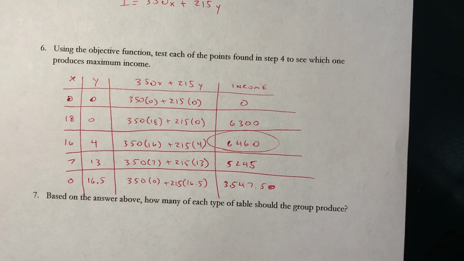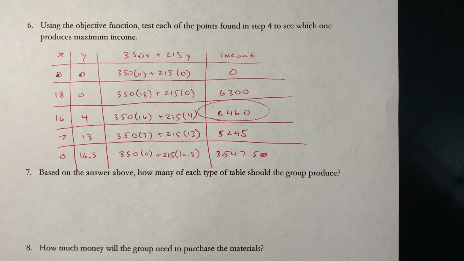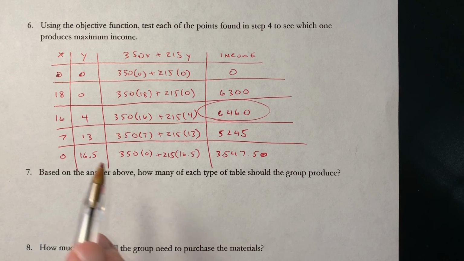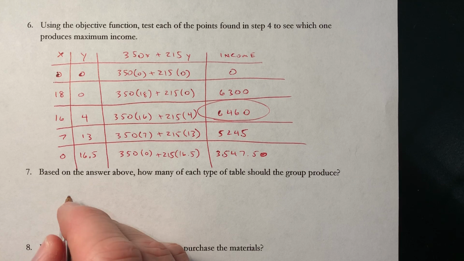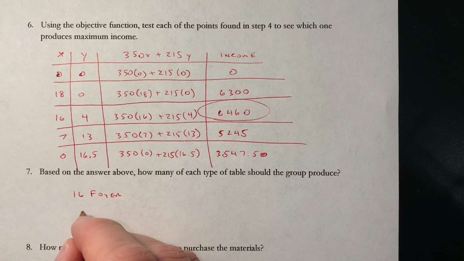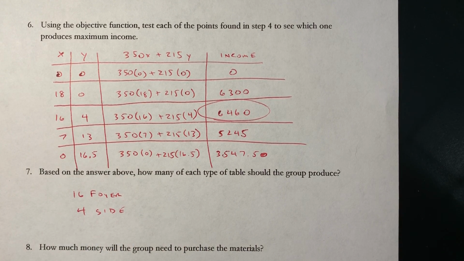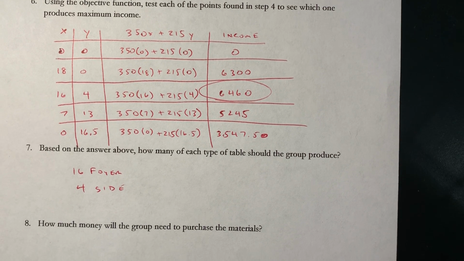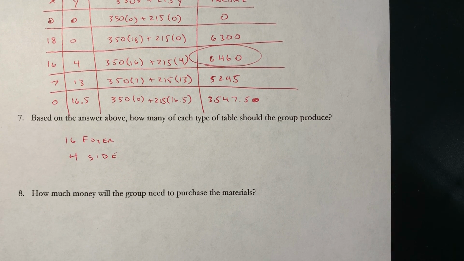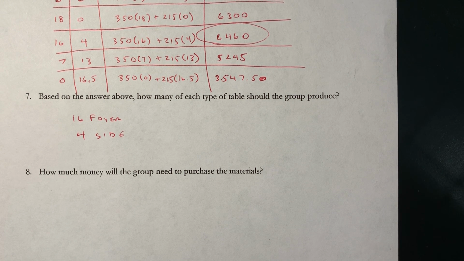So based on that table, how many of each table should this group produce? 16 foyer tables and 4 side tables. Okay, how much money will they need to purchase their materials? We may remember from page 1 that it costs $100 in materials for every foyer table and $200 for every side table.